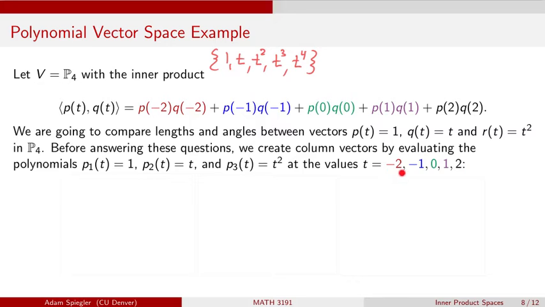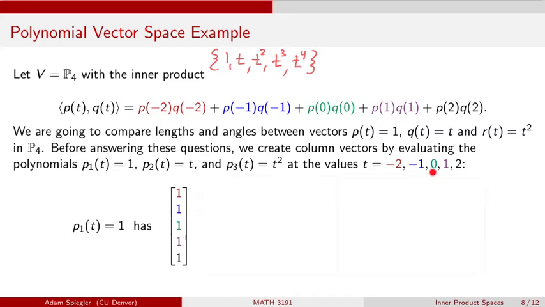So first, I'm going to create vectors for each of these three polynomials, where we evaluate the function at all five of these points. So for example, the first polynomial p of t, which is the function 1, if I evaluate this function at -2, I get an output of 1. If I evaluate it at -1, I get 1.